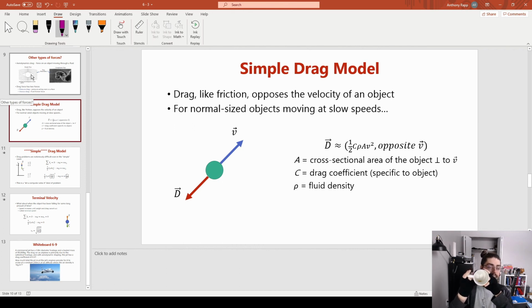A circle. Exactly. It depends on how you're looking at it, how it's moving. So for example, if the mug were falling like this, the cross-sectional area would be this circle. But if it was falling like this, then I know you see this differently, but the air sees it traveling as now a rectangle. That's what we mean by the cross-sectional area.